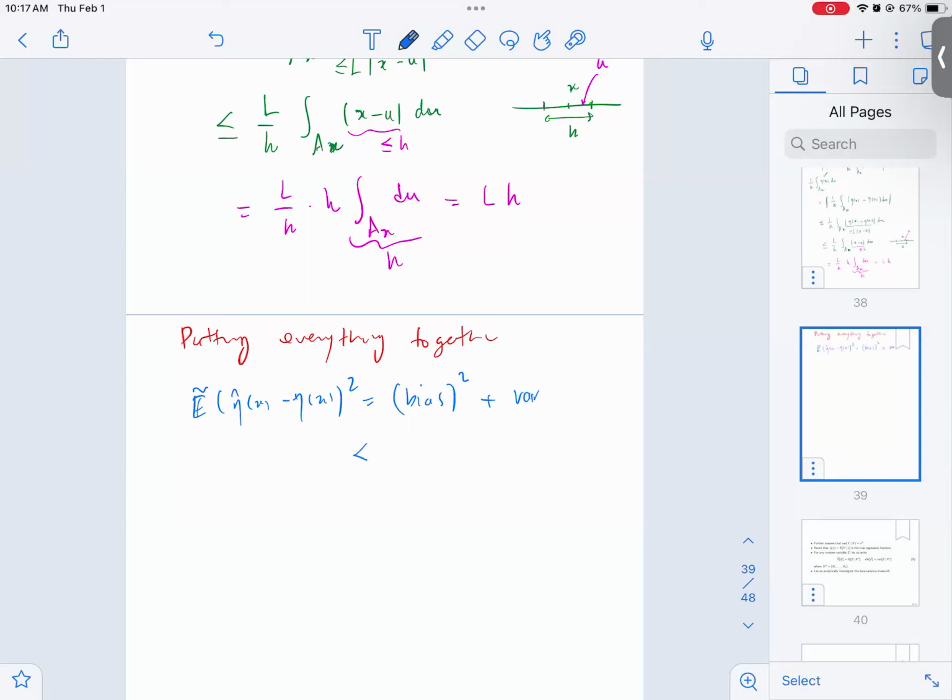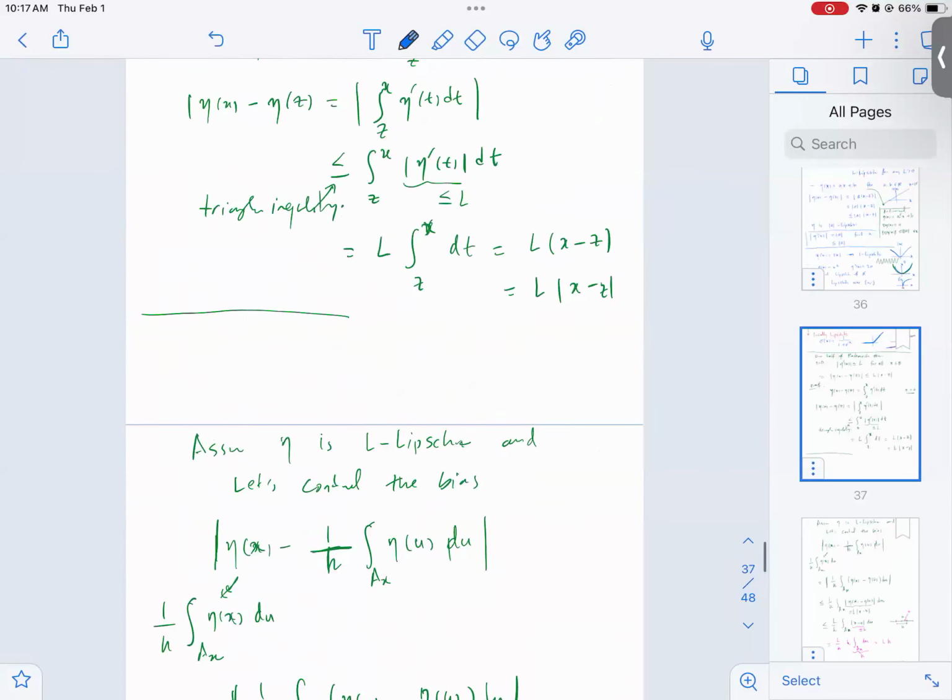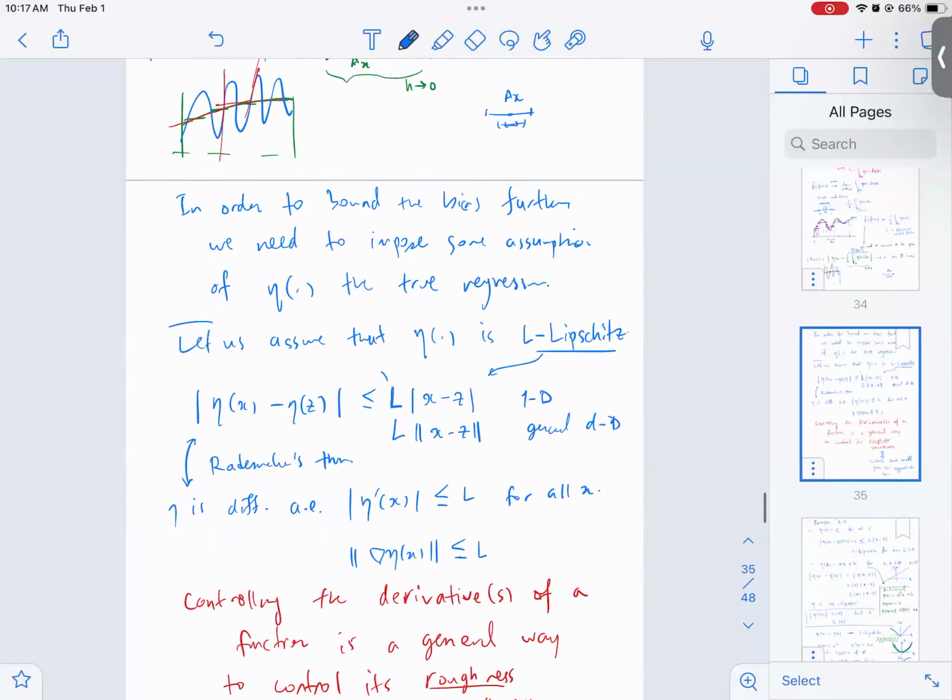So this is less than or equal to, I'm going to put approximately, because the variance is approximate. This is also a little bit approximate because there was an approximation, if you remember.